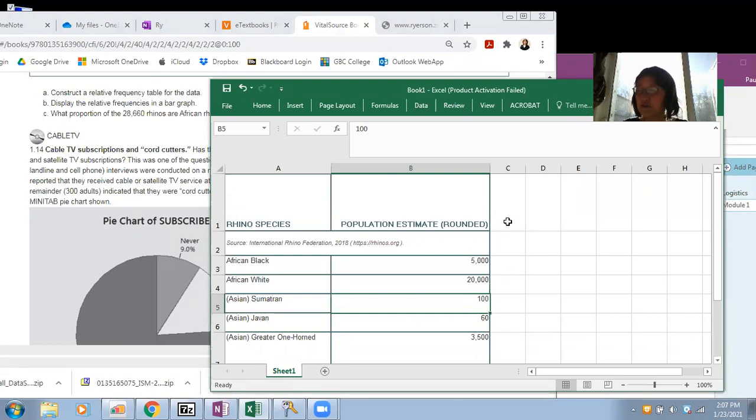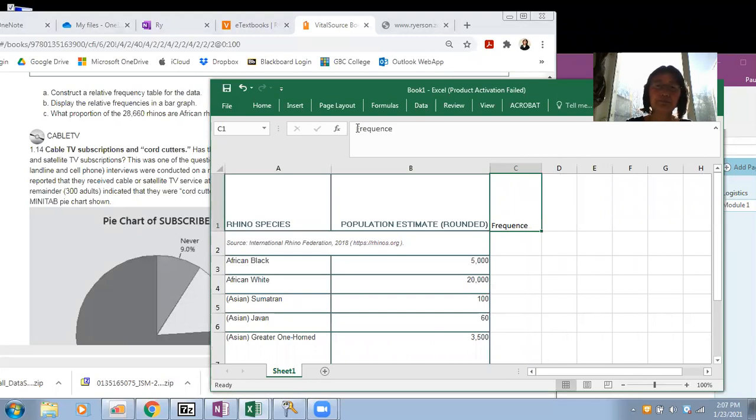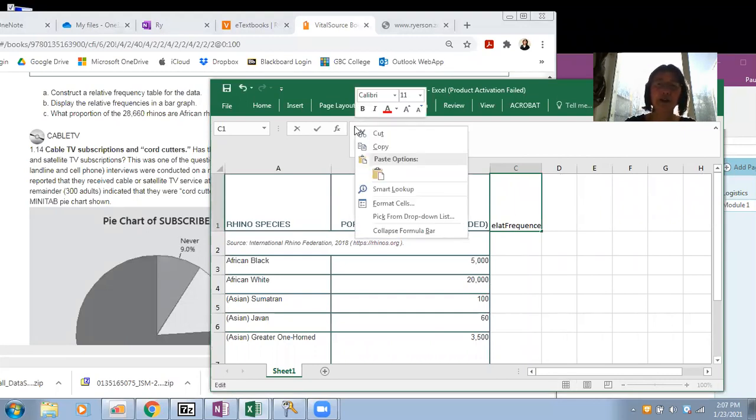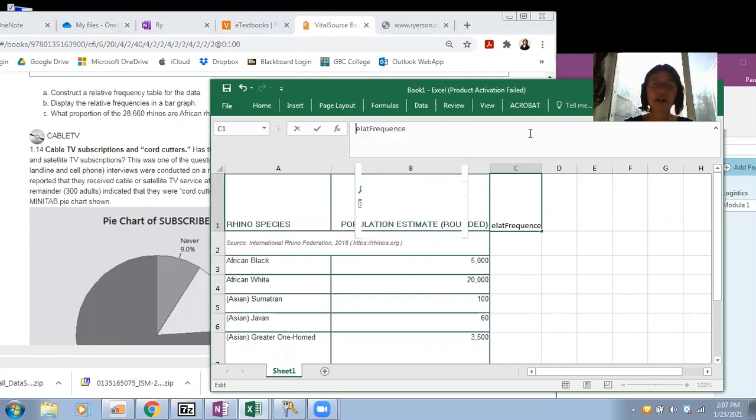So I'm going to create a new column here, relative frequency.